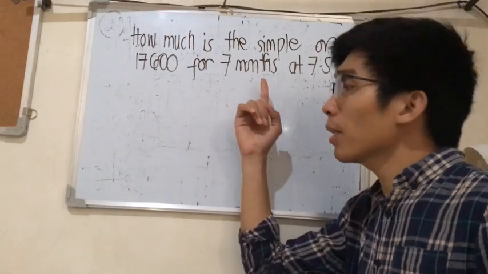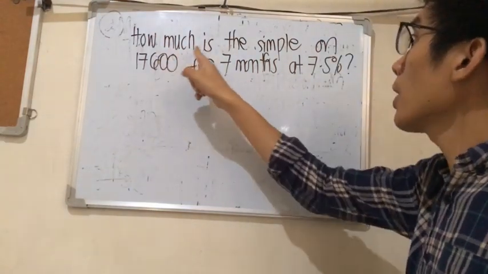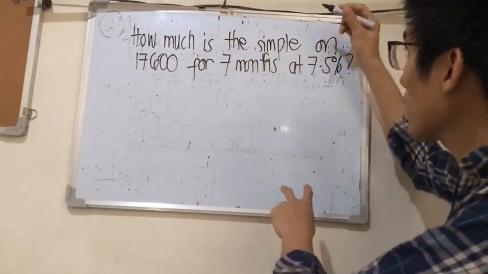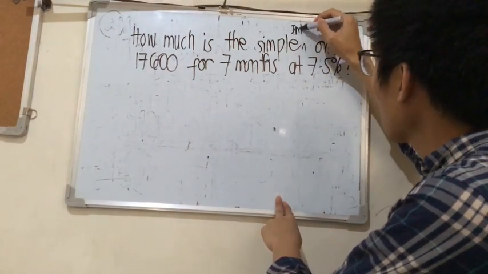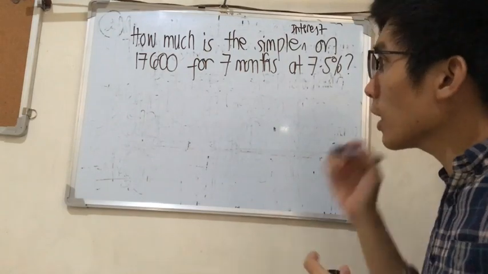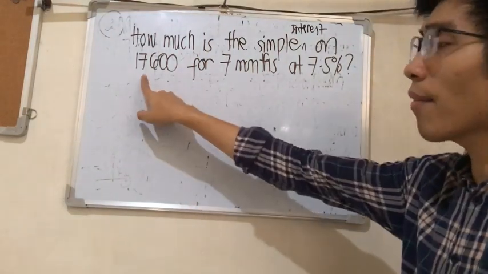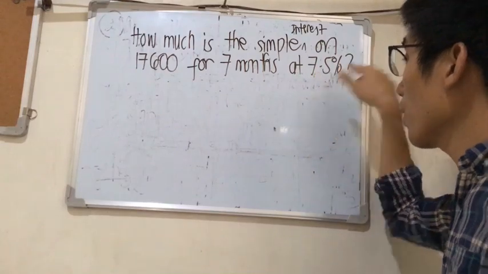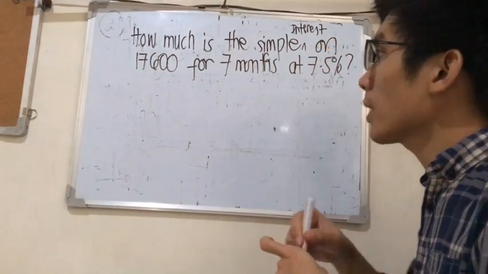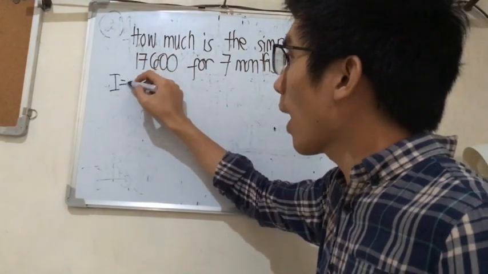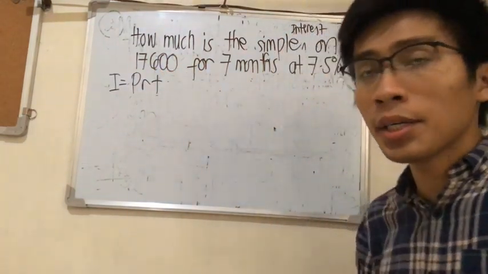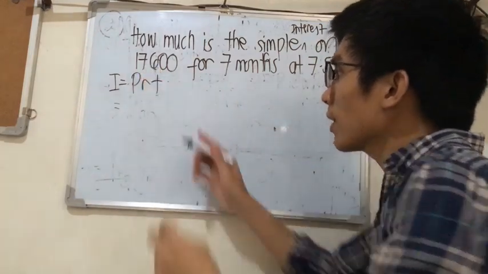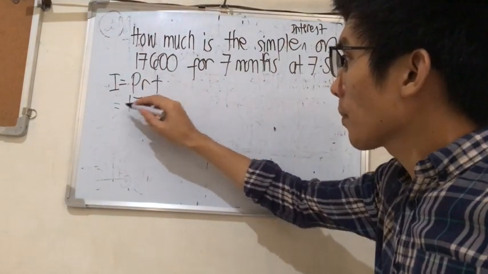Example, how much is the simple interest amount on 17,600 for 7 months at 7.5%? So let's find the simple interest, same formula, I = PRT. So what is principal? The amount that I borrowed, that is 17,600.